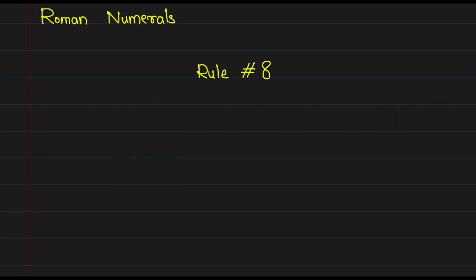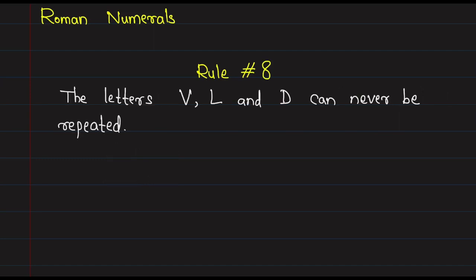Rule number 8. The letters V, L and D can never be repeated. Suppose we want to write 10. We cannot write VV just because 5 plus 5 is 10. This is the wrong way of writing. Why? Because V cannot be repeated. We want to write 150.